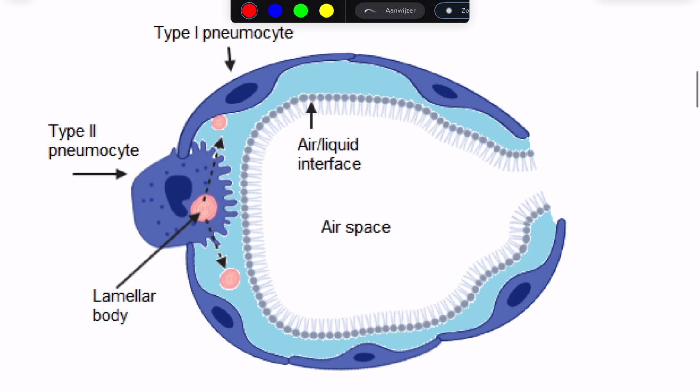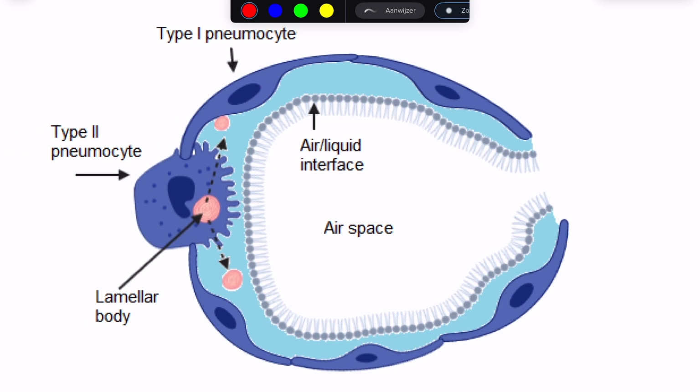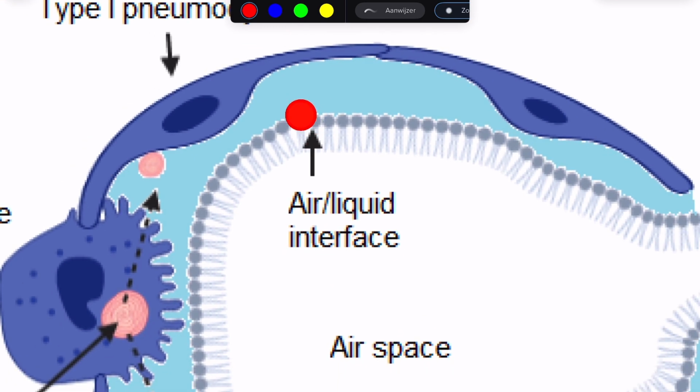A synonym for the alveolar epithelial cell type 2 is a pneumocyte, and this will secrete these lamellar bodies, which eventually provide the surfactants, so the phospholipids here. These phospholipids have, of course, a hydrophilic and a hydrophobic side, since they're phospholipids. The hydrophilic side will have its head towards the liquid part, so towards the water, and the hydrophobic part will have its part here.